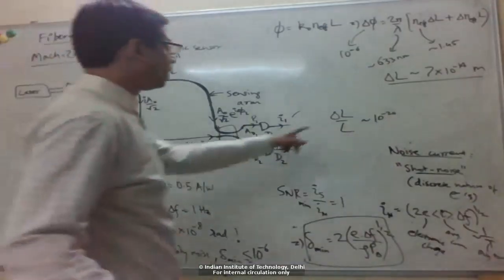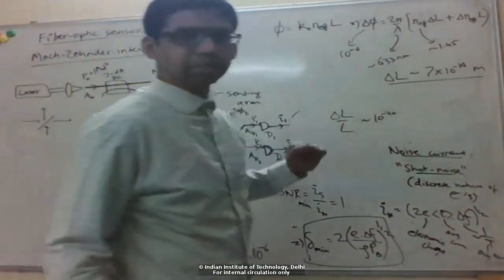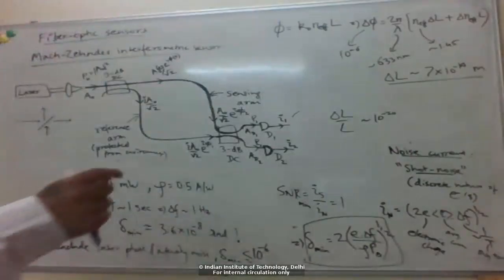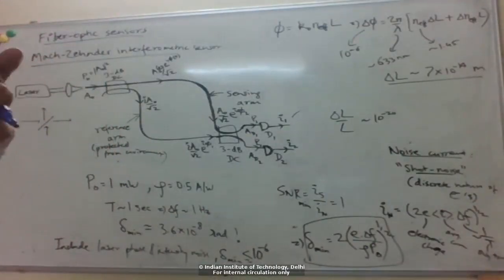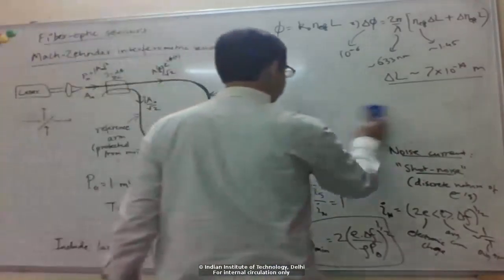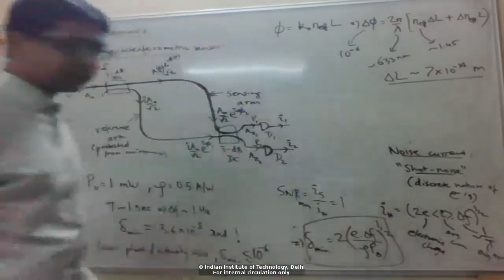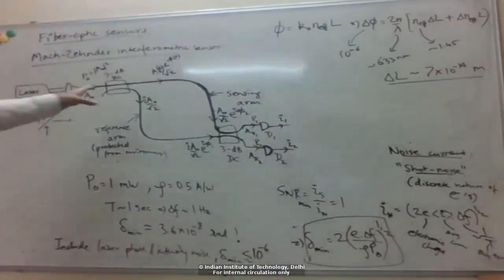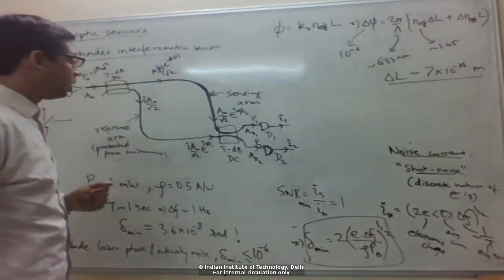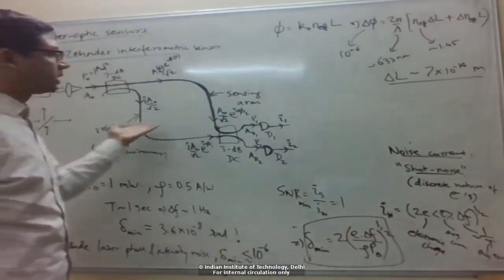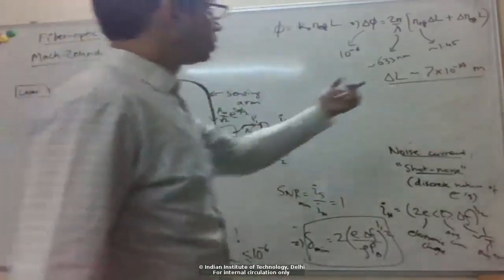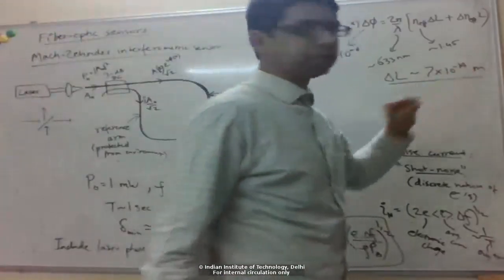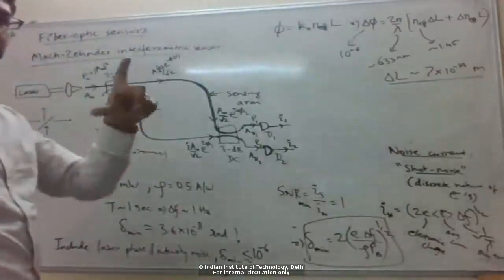So delta L would be like 10 to the minus 16 meter or something like that. They're detecting changes in length which are smaller than the size of the nucleus of an atom. That's how sensitive these detectors can be, and that's really remarkable. Even for a very simple fiber optic Mach-Zehnder sensor like this, we can get sensitivities already much smaller than the size of an atom, the Bohr radius.